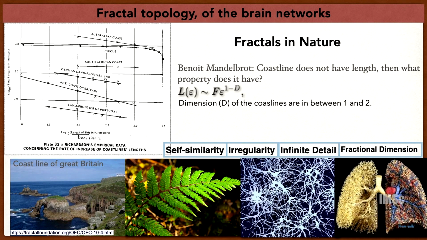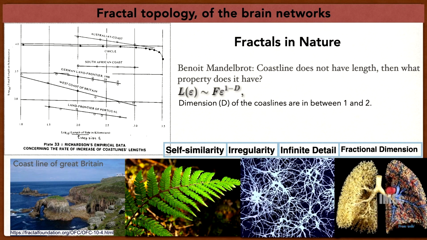This is a logarithmic scale, and then he considered the length of the coastline, and once he reduced the step size, the length of the coastline increased. And there was a scaling between the step size and the length. So what does it show? That maybe the way he was calculating the length was incorrect.